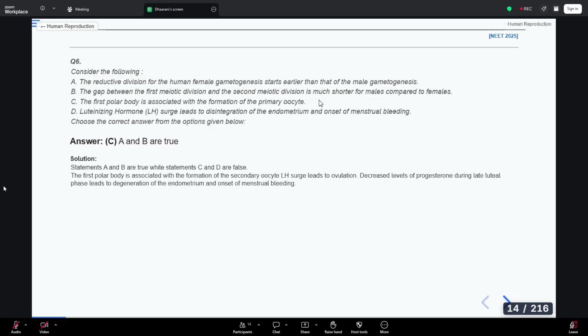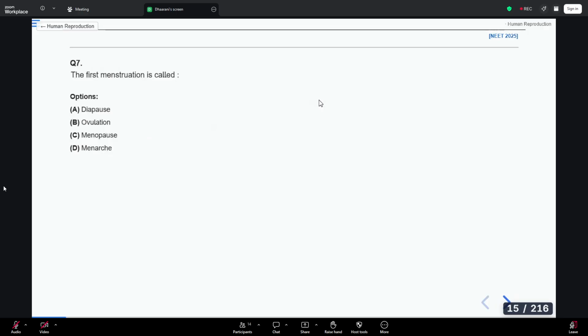What have they given here? They have given that it leads to menstrual bleeding, but it leads to ovulation. So options C and D are false, and options A and B are the correct answers. Very good, Saksham. Next question.